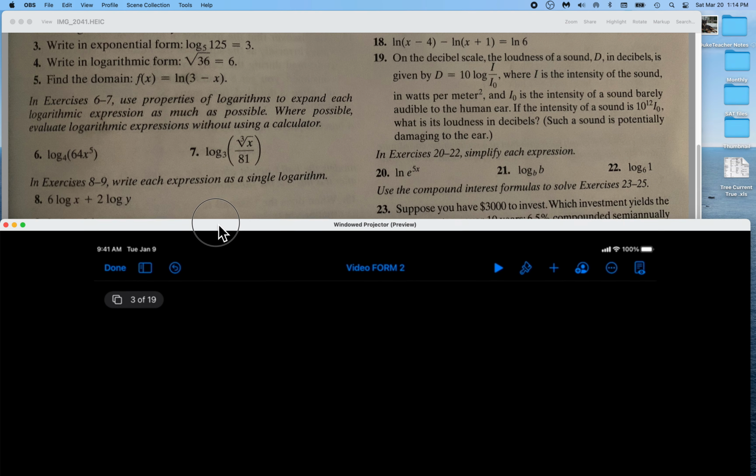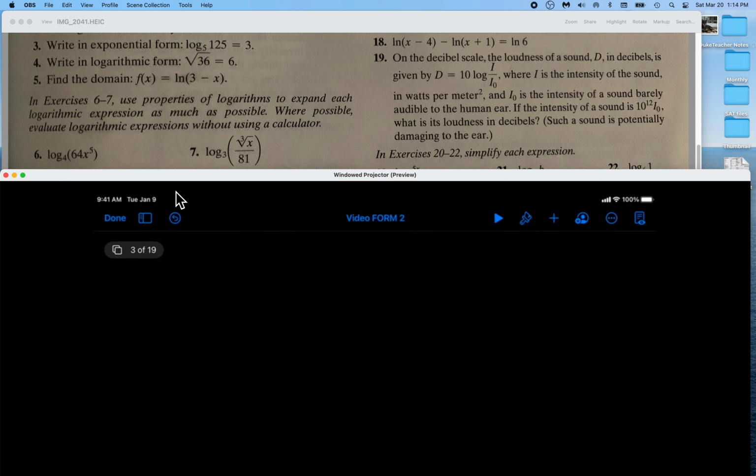Next one. They want us to expand number 7. Okay, now the first thing I think of when I see that radical is I'm going to take that radical away and replace it with a fractional exponent.